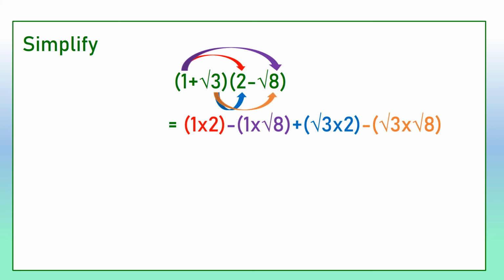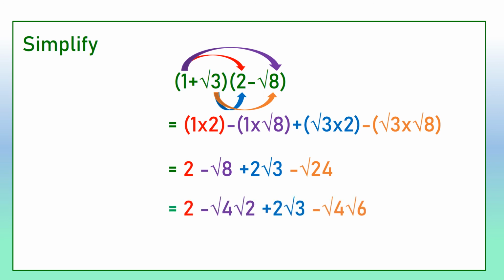And the orange, we have got root 3 times minus root 8, which gives us altogether minus root 3 times root 8. So then we can collect those bits up to give us 2 minus root 8 plus 2 root 3. I've just swapped the order of those numbers around, and minus root 24, because 3 times 8 is 24.